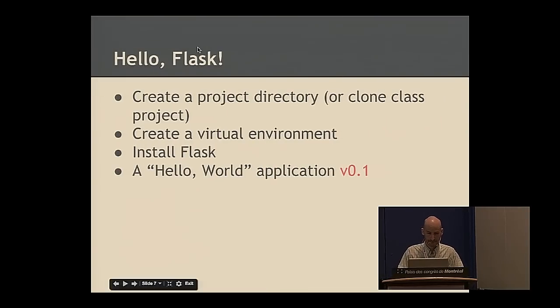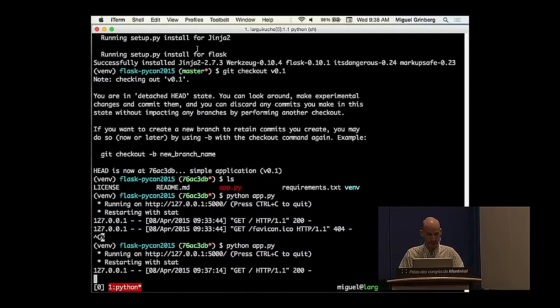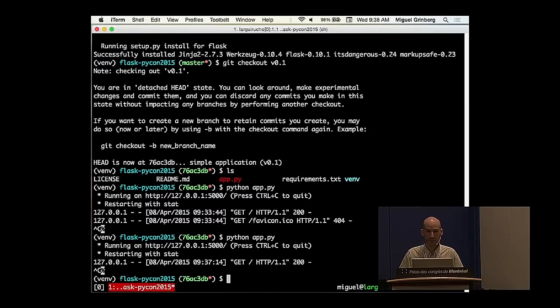So in version 0.2, I have added a very important technique that I use a lot when I work on much more complex applications. So let's look at that. You're running the first version. You can hit Control C to stop it, and then let's check out version 0.2.